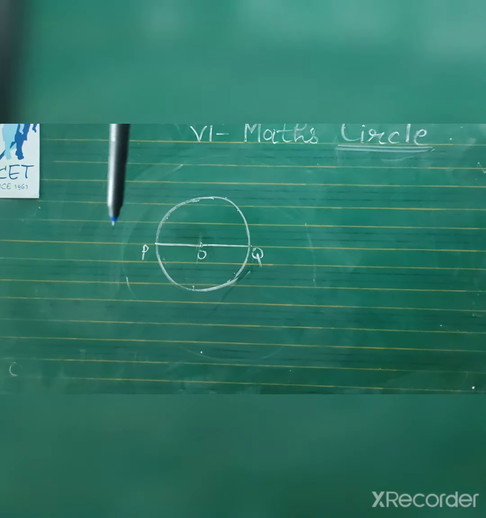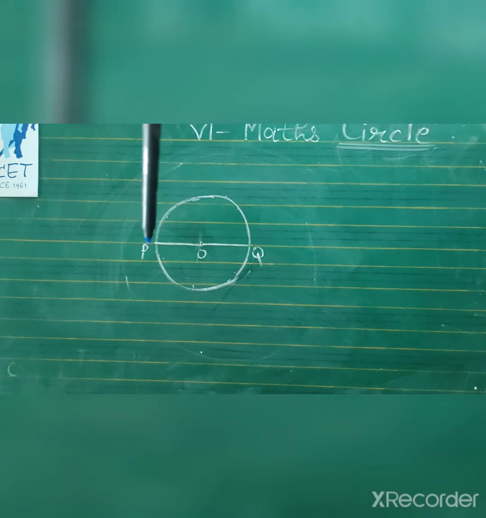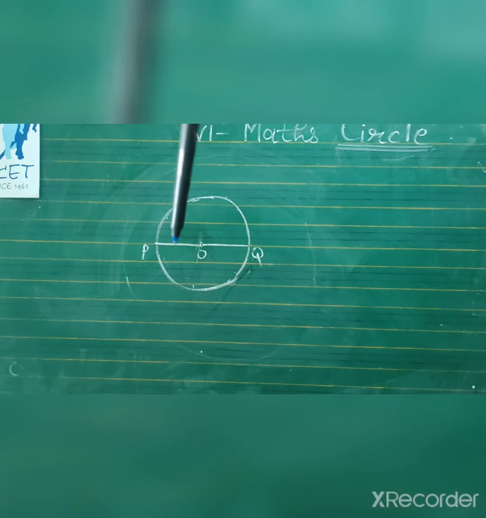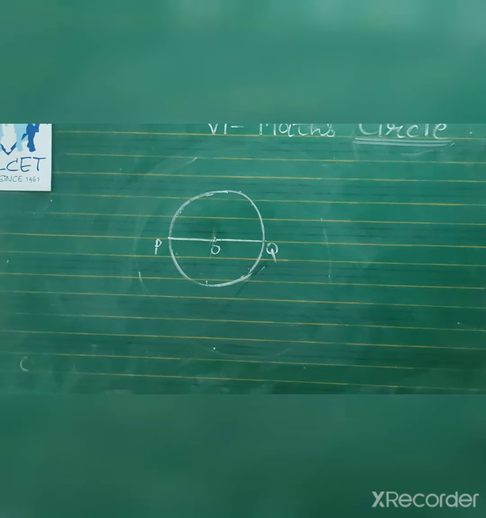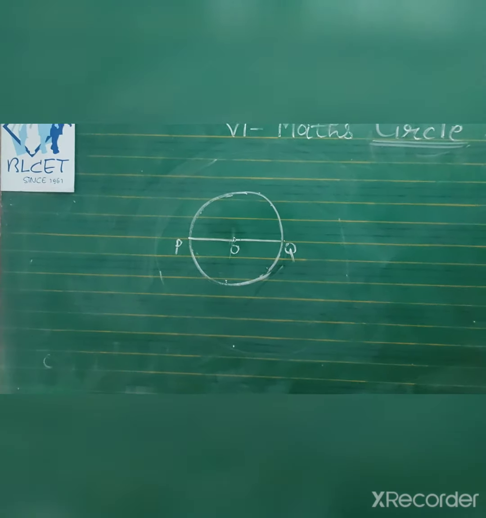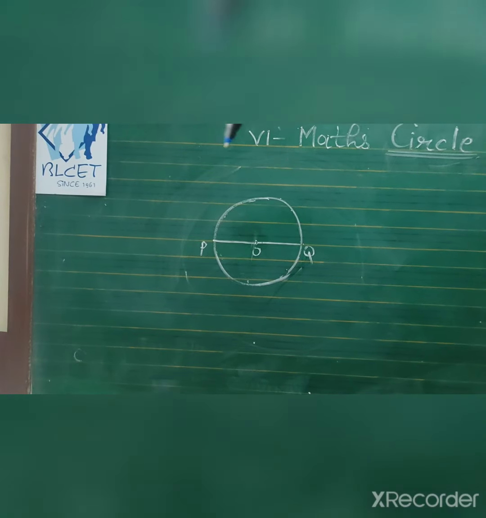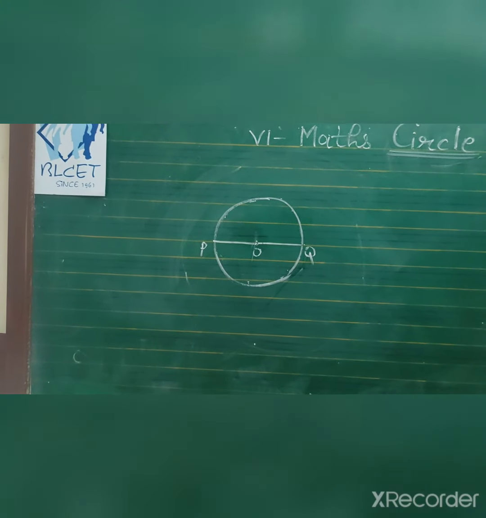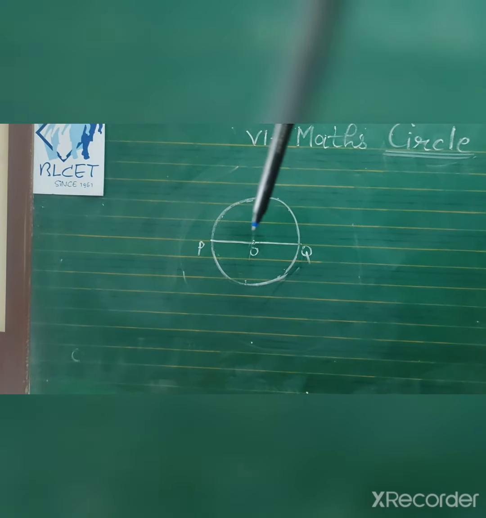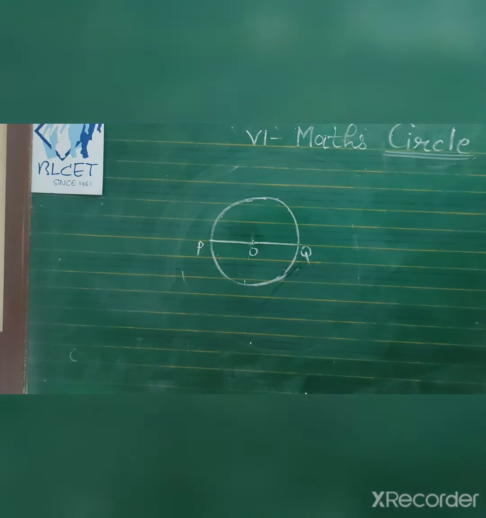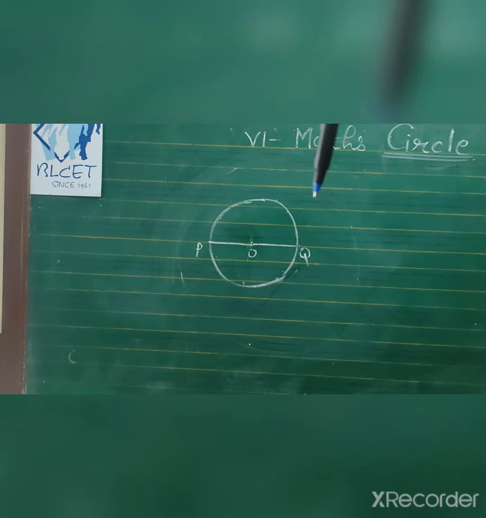Here also there is a radius, so two radii, and if we join two radii, it is called a diameter. That means one special line passing through the center of the circle with two endpoints touching the circle. That line segment is called the diameter of the circle.